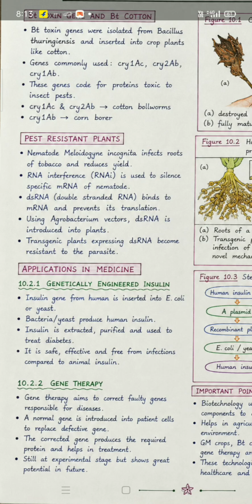These two RNAs, being complementary, form a double-stranded RNA that initiates RNAi and thus silences the specific mRNA of the nematode. The consequence was that the parasite could not survive in this transgenic host. So the transgenic plant got itself protected from the parasite.